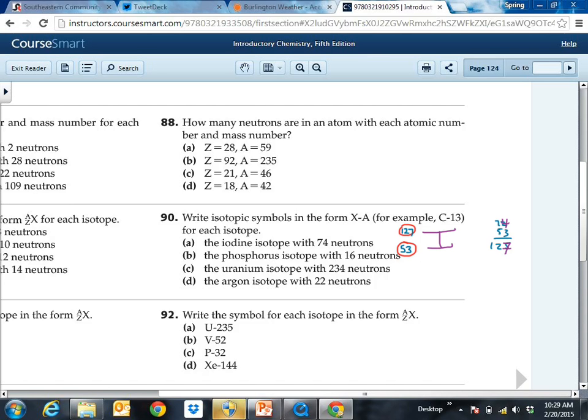Wait, anyway, don't they want this for 92? Because it says write the symbol of each isotope like that, but they're not there. They want it written like... oh, that's true. Yeah, they're right, they want that for 92. Oh, thanks, Cameron.